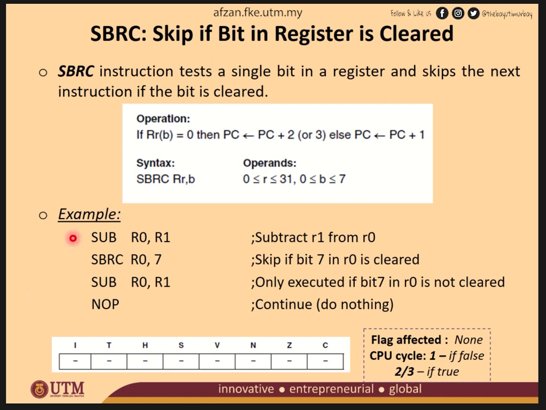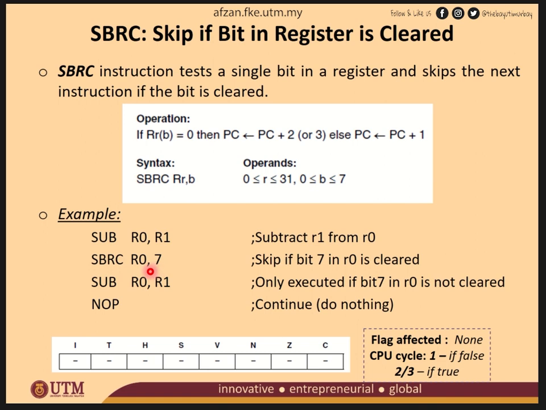The first instruction here is SUB R0, R1, in which you subtract R1 from R0, and then SBRC R0, 7. Now you want to see the value of R0 in bit 7.